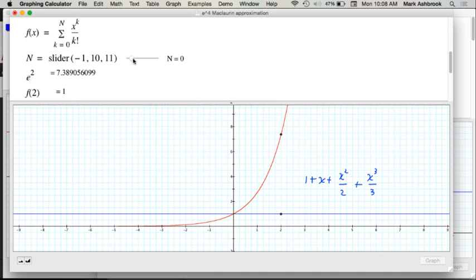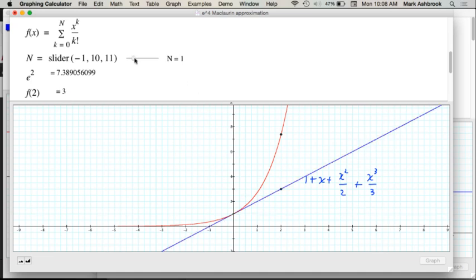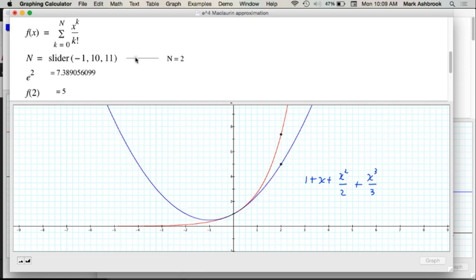Not very good. Okay, so now if we do 1 plus x, still not very good. It's giving us a value of 3. Now it's giving me a value of 5 when I have the quadratic approximation, the first three terms, 1 plus x plus x squared over 2.